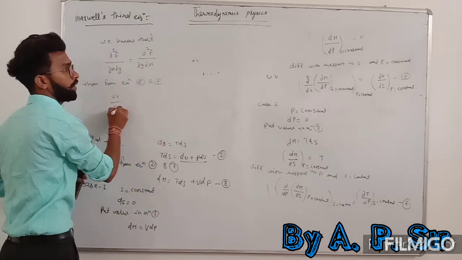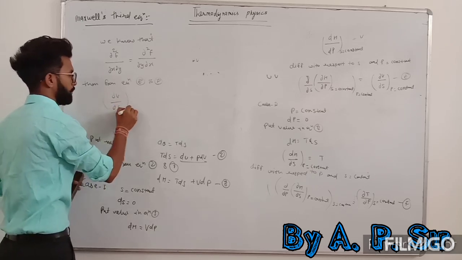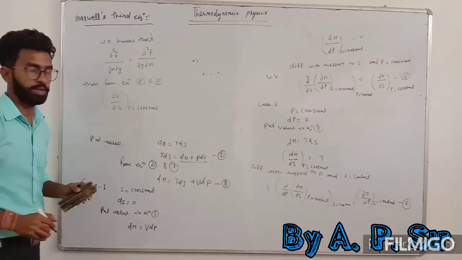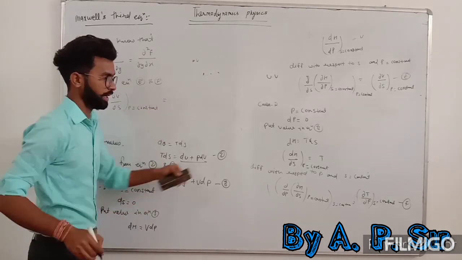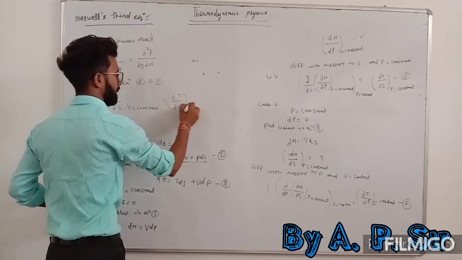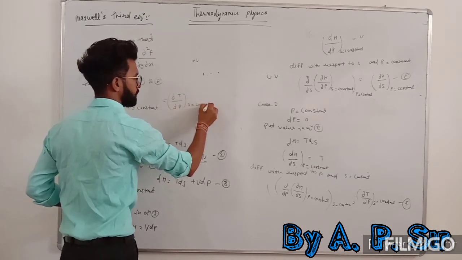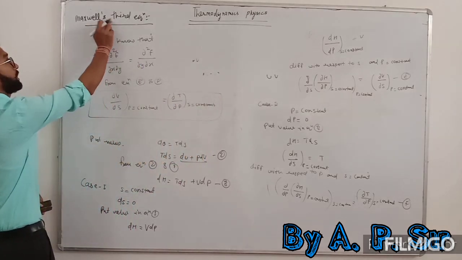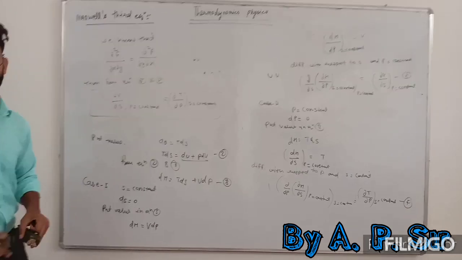Del V upon del S at constant P equals del T upon del P at constant S. This is the third equation of Maxwell.